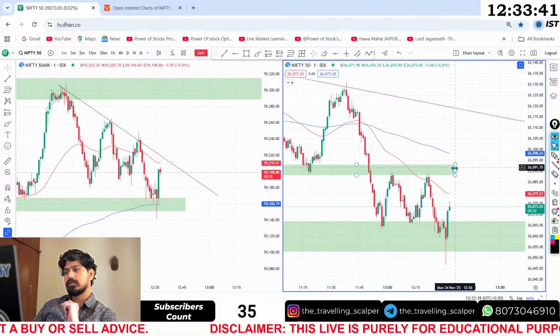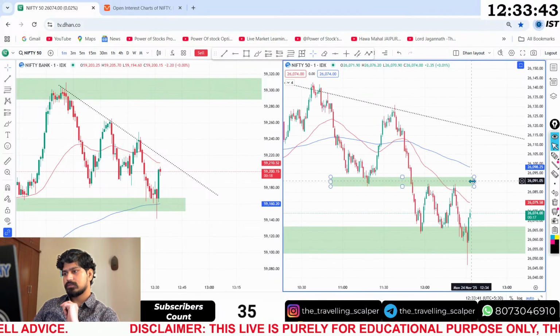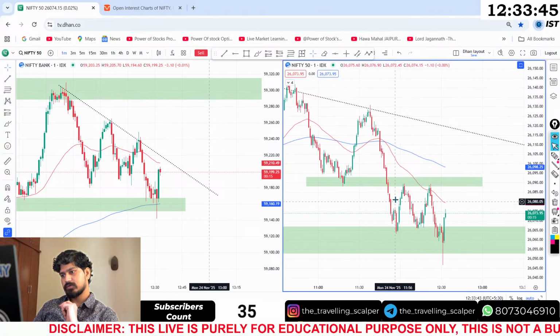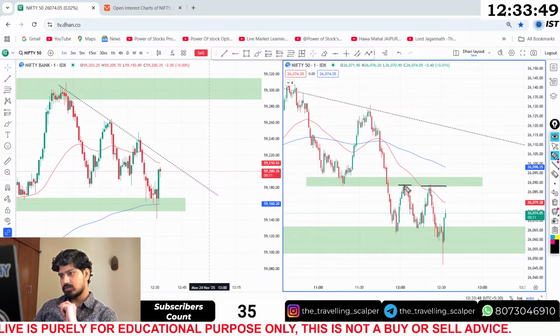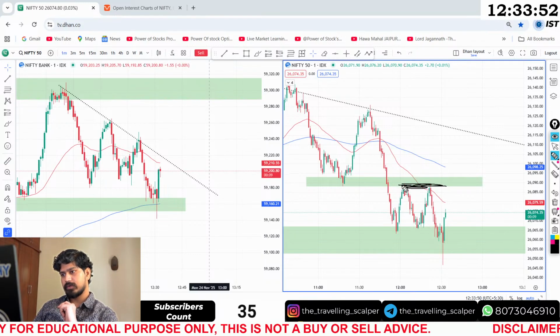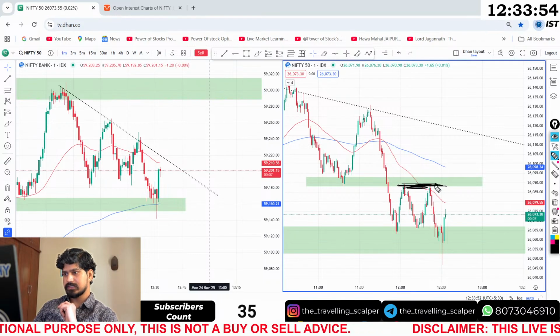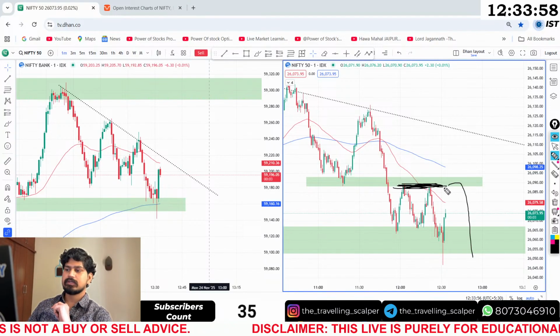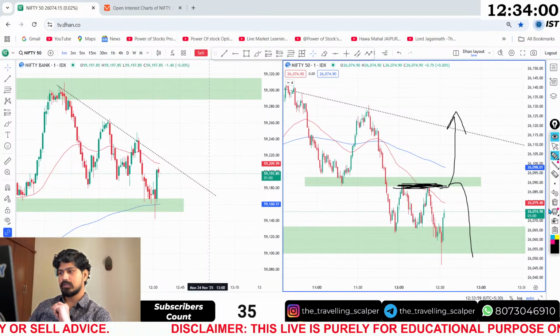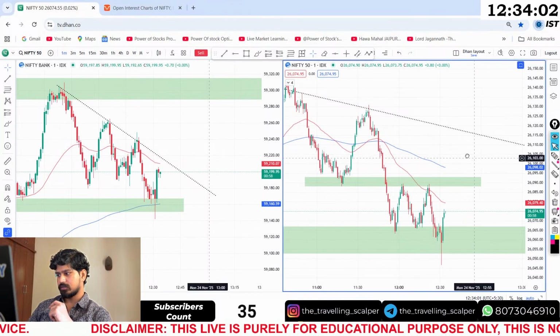So let's see. Still this is a valid resistance level as of now. Multiple times here the sellers took rejection and they are strong at this point. So let's see how they will behave at this point right now. In case they defend this level, again the market will come down, or else if they fail to defend, the market will go up. Okay, these are the two possible scenarios right now.